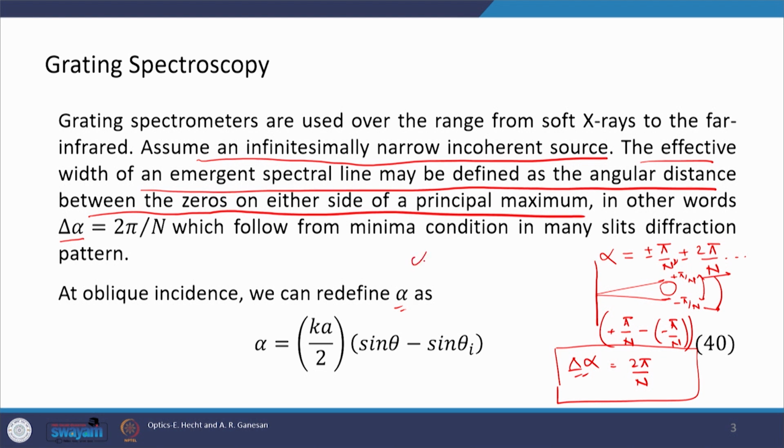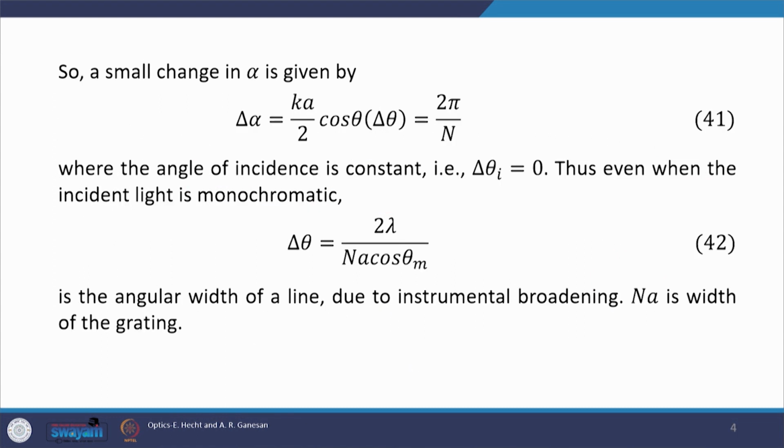Now, for oblique incidence, this alpha can be redefined. The usual alpha is k a sin theta by 2, but this condition is only for normal incidence. For oblique incidence, the term minus sin theta i would be added, as we also did in the grating equation. Now, with this modified alpha, we can calculate a small change in alpha. How to calculate it?